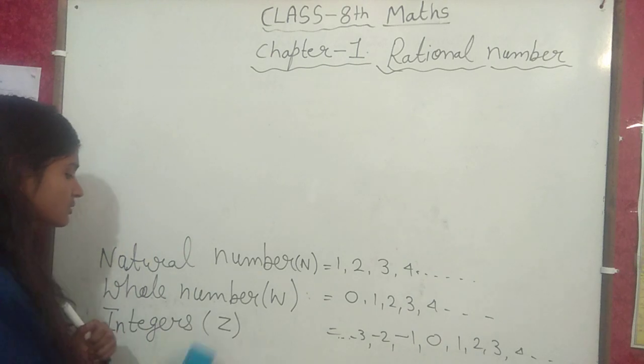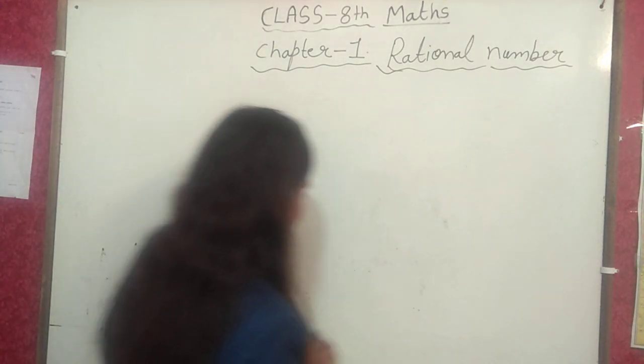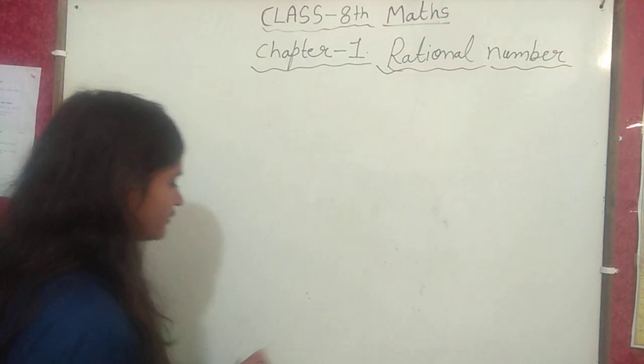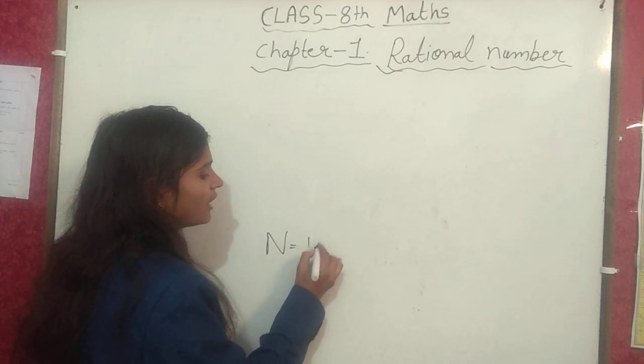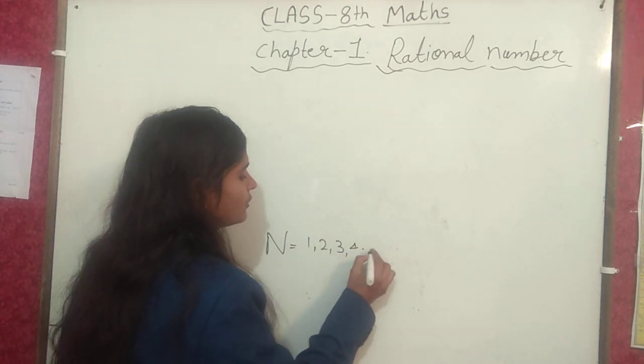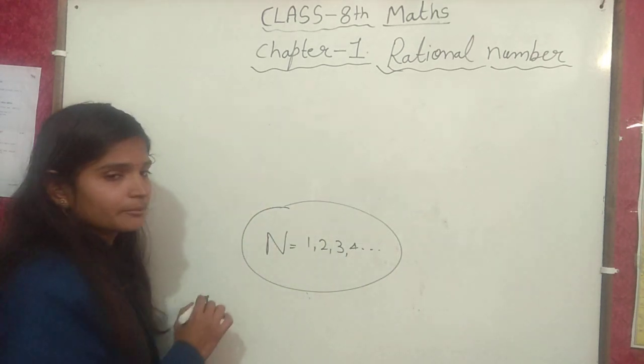So we learn natural numbers, capital N, that are 1, 2, 3, 4, and so on. These are one type of number.